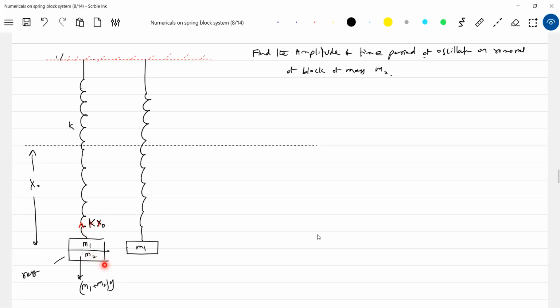Now when I remove block m2, how much spring force will act? Spring force will not change suddenly, do you all agree? Kx naught is greater than m1g, yes it is, so it starts accelerating.